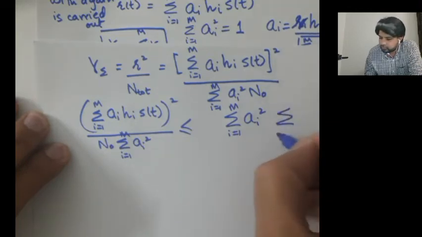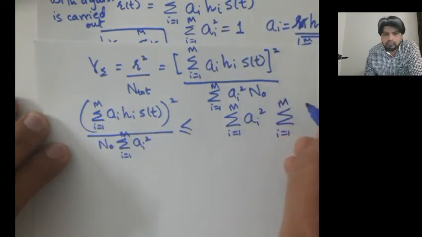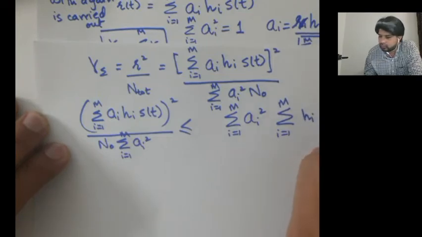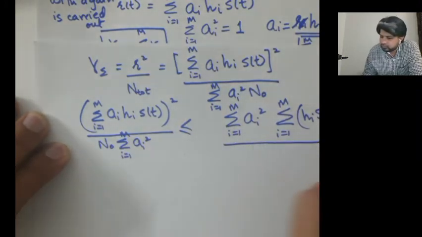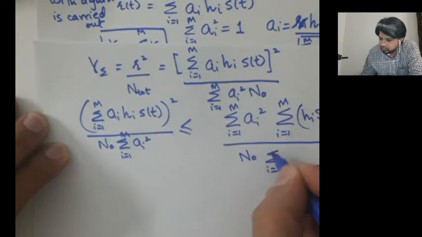So the summation i equals 1 to capital M of h_i times s(t) whole squared divided by N naught times summation i equals 1 to capital M of a_i squared.